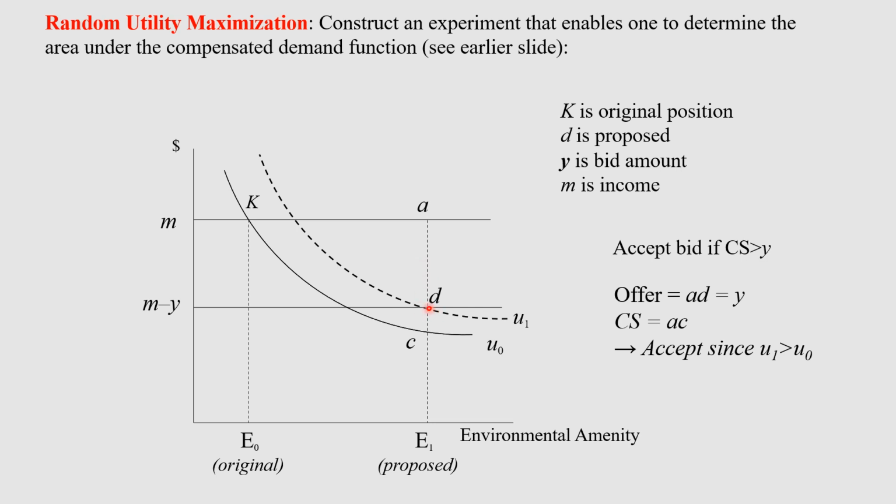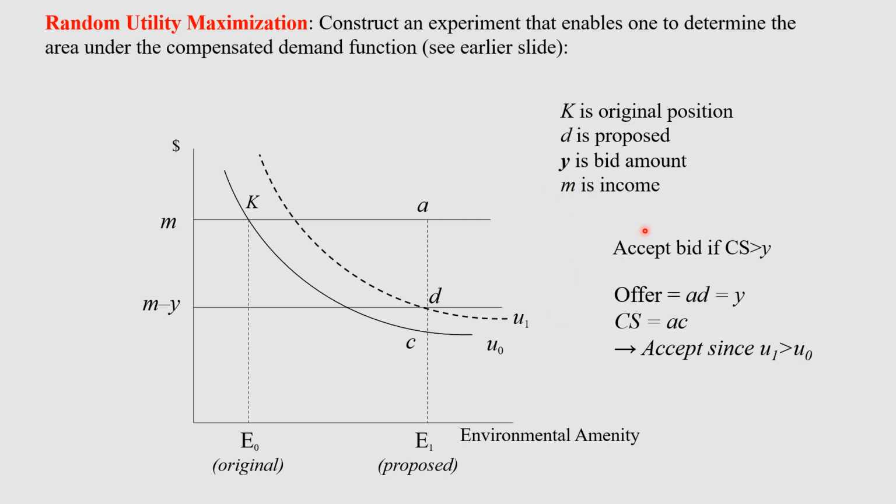So in other words, what we're proposing is that the person's income, which is given by M and which is elicited in the survey, and we propose to that individual an amount Y, a bid amount, that they would have to pay in order to increase the environmental amenity, say the number of bears, from E0 to E1.